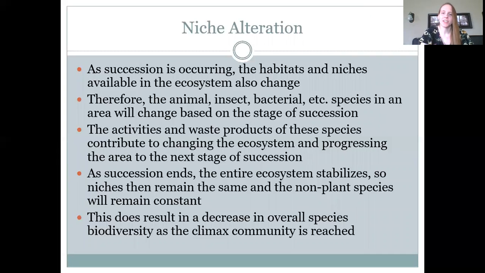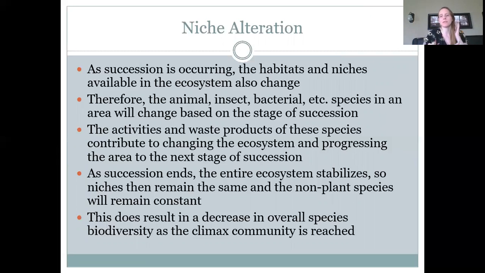As succession is occurring, all the different habitats and niches in the ecosystem are also changing. So that means that as we go through this process of succession, it's not just the plant communities that are changing. All of the animals and insects and stuff like that will also change based on what types of animals are suited to that habitat.